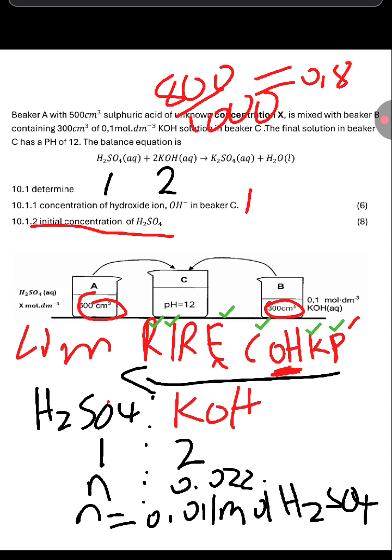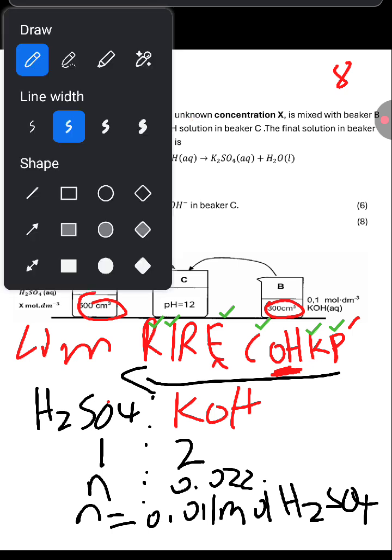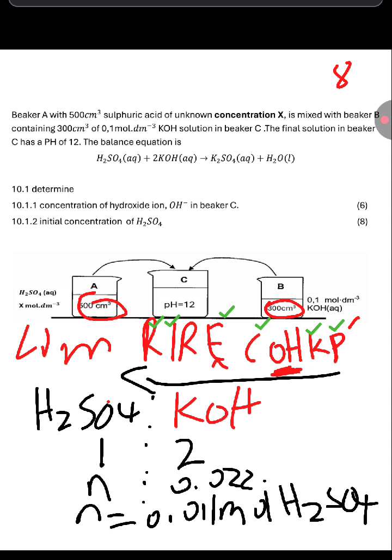Right, then once we got those number of moles, we can find out now what the concentration is. So we say concentration is equal to number of moles divided by volume.